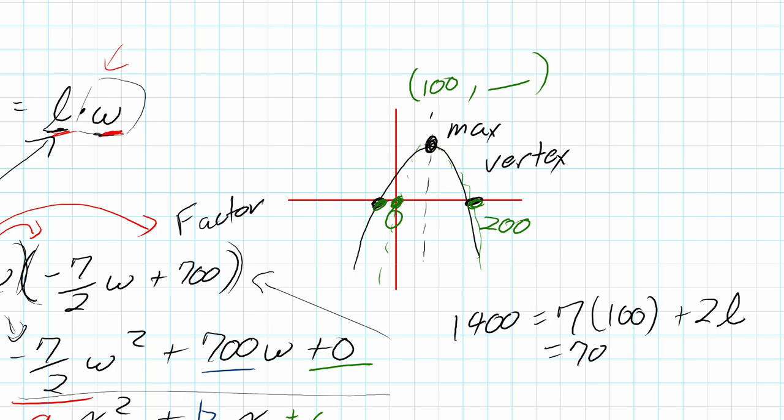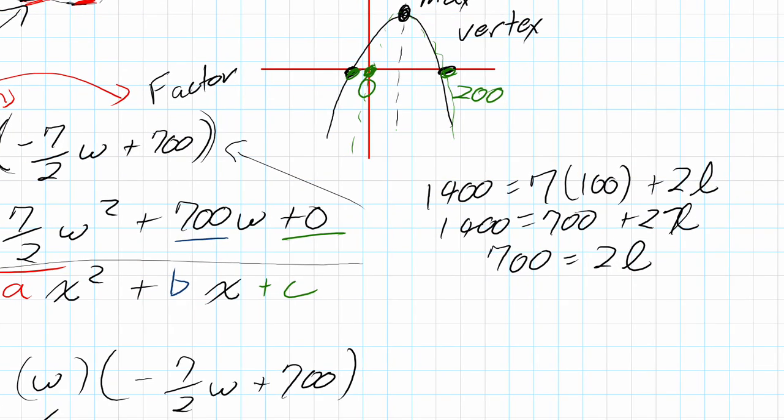That's going to be 700 is equal to 1400 plus 2L. When I subtract or bring over the 700, I'll get 700, that should be an L, is equal to 2L. And when I divide both sides by 2, I'm going to get L is equal to 350.